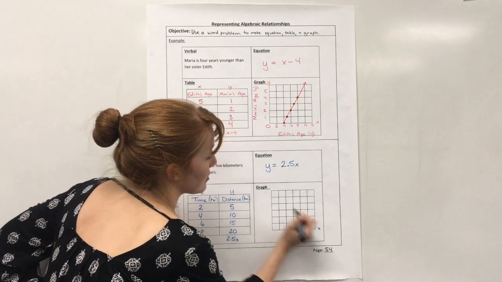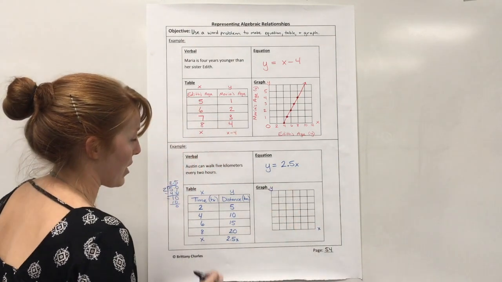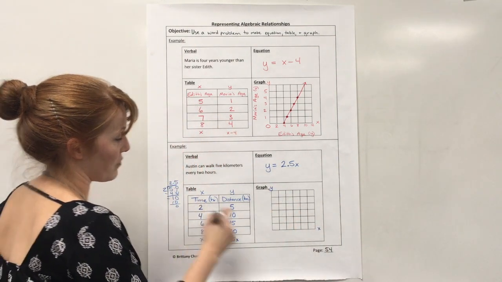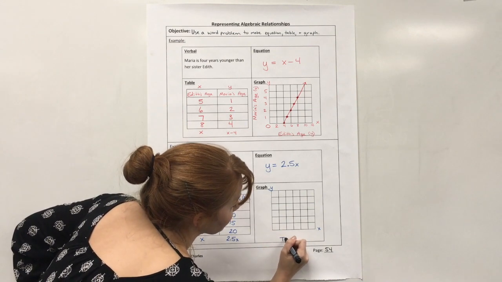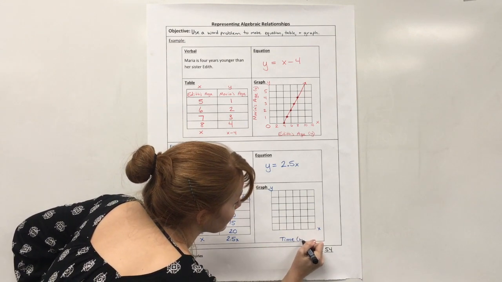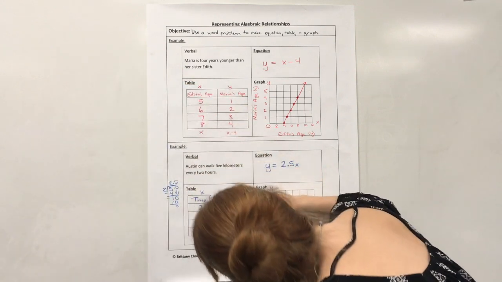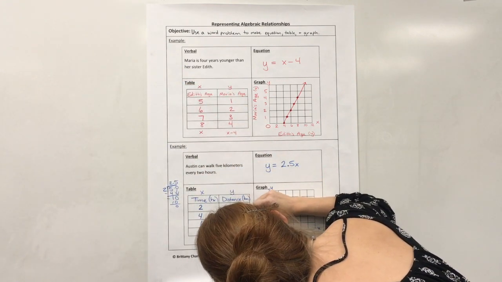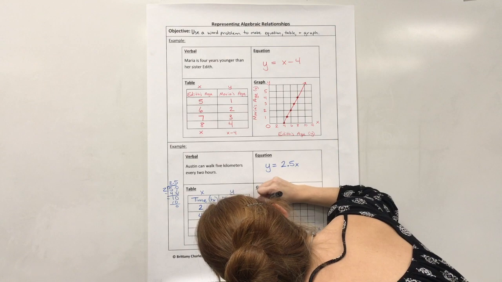All right, so let's put our labels on. This is x. This is y, and we know that the x, or the independent variable, is time in hours, and the dependent is distance, which is in kilometers.